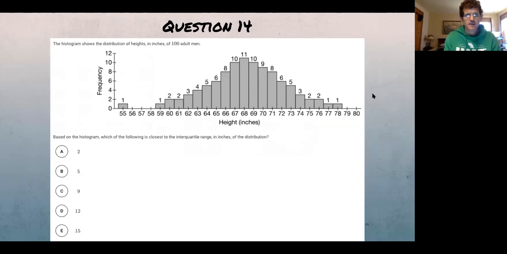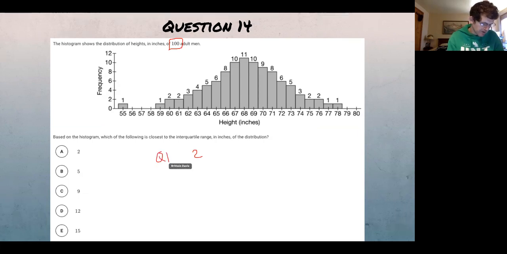Question 14, we've got a distribution. It is a histogram. What is the closest to the interquartile range in inches of the distribution? So we know that there are 100 adult men. The interquartile range will actually be, well, okay, here's what we need to think about. Where is the first quartile? Let's focus on that.